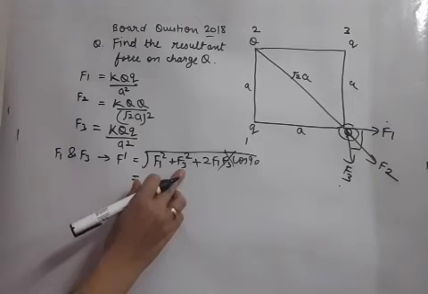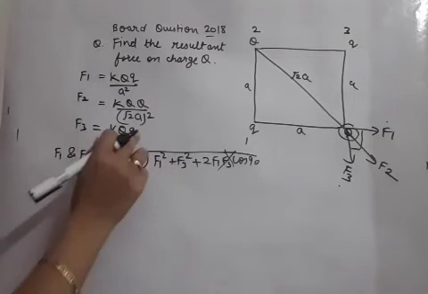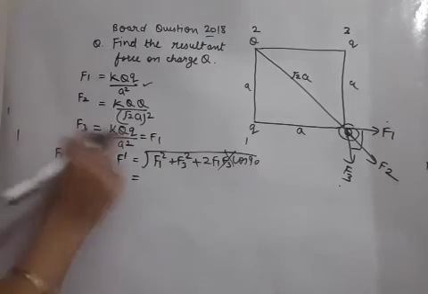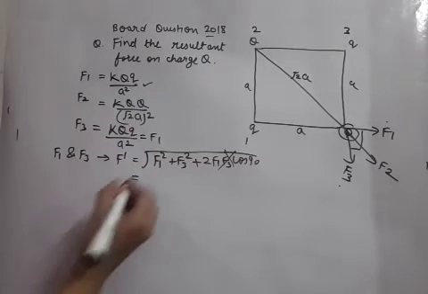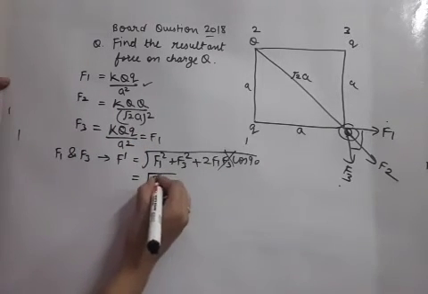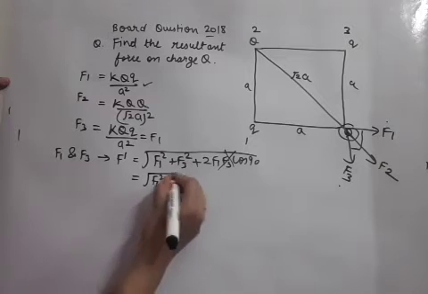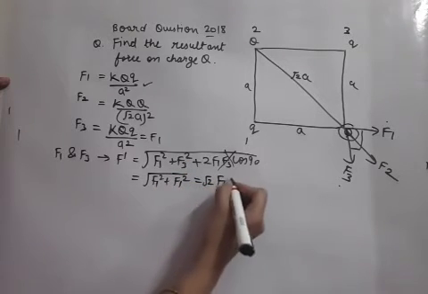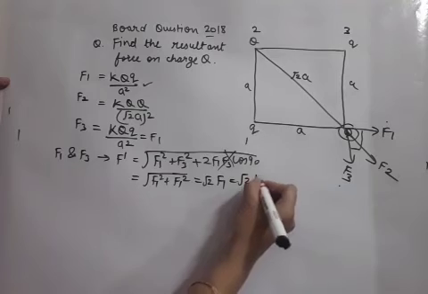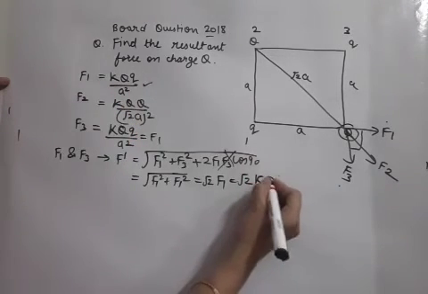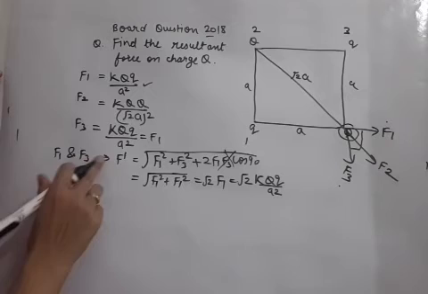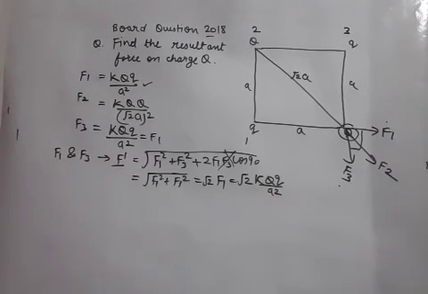Only F1 square plus F3 square, but they are also equal, you can see. So F3 we can write as F1 only. Finally we are getting root 2 F1. F1 means KQQ upon A square. So we have obtained the F dash value.